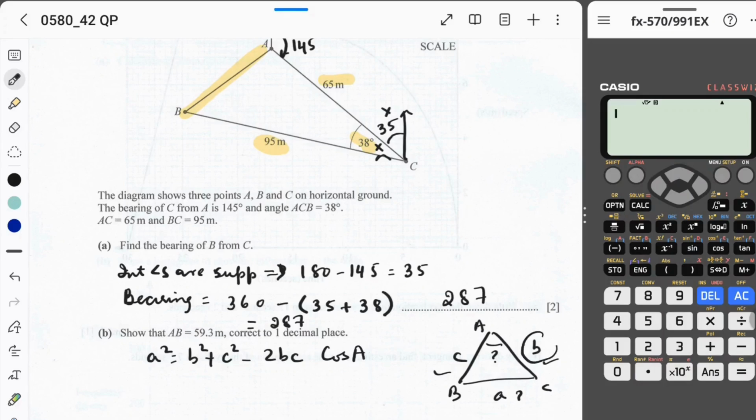And we have these two sides and the included angle as well. So the labeling is different, but we can easily find it by taking the square root.